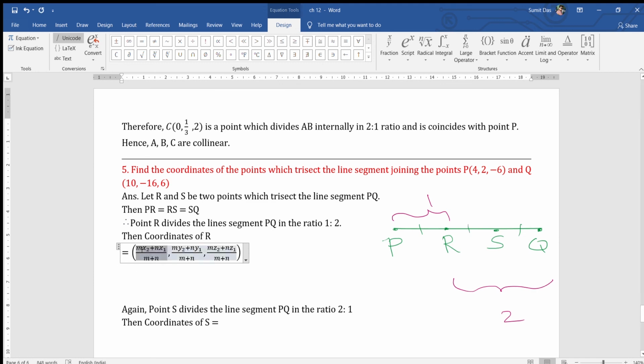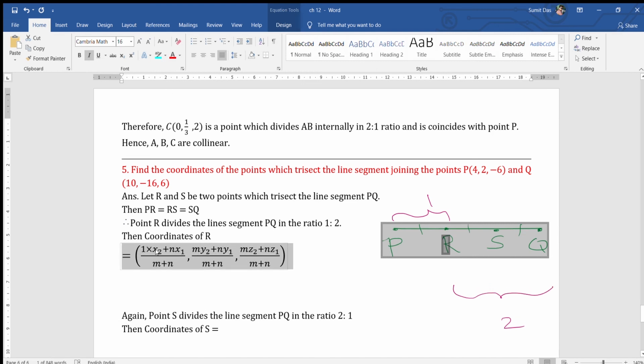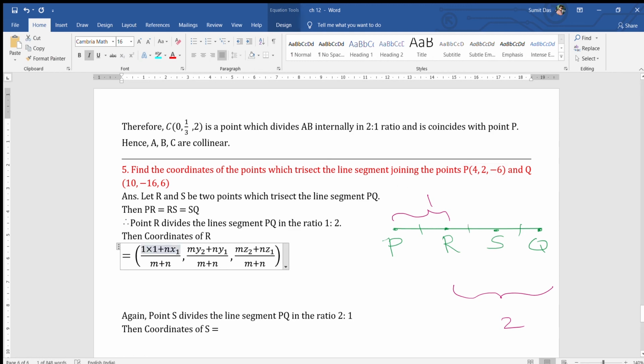M is 1 and x2 is 10. Then n is 2 and x1 is 4.